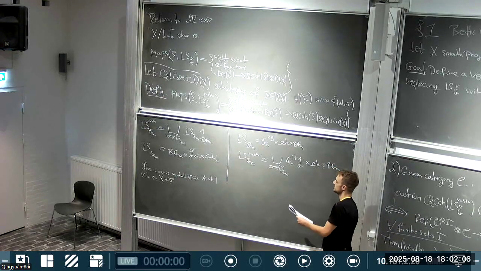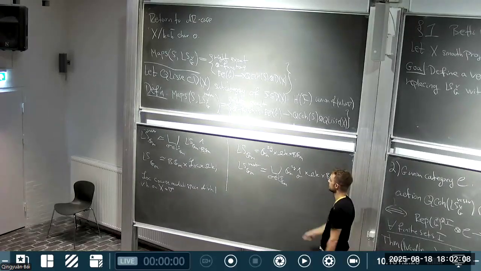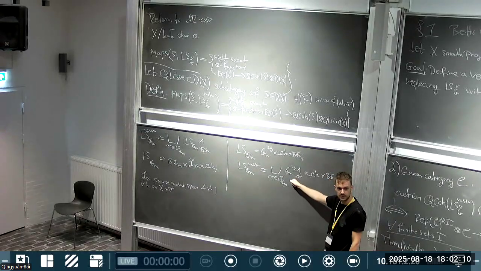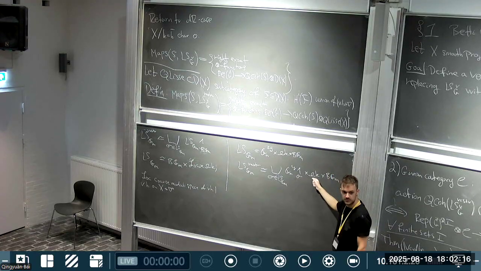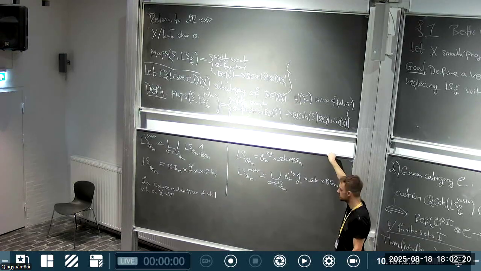So it's just a disjoint union over all sigma. You get G_M formally completed at 1, some stupid derived factor, and we get E G_M. There we go.